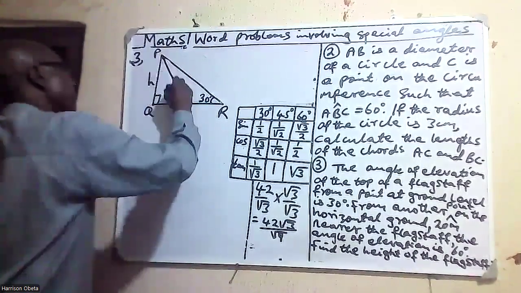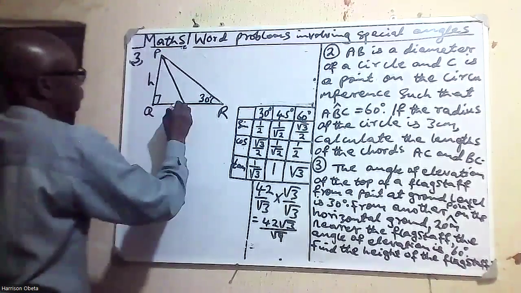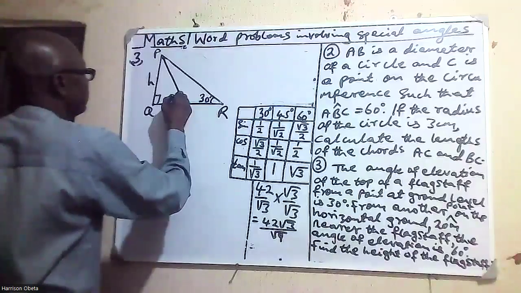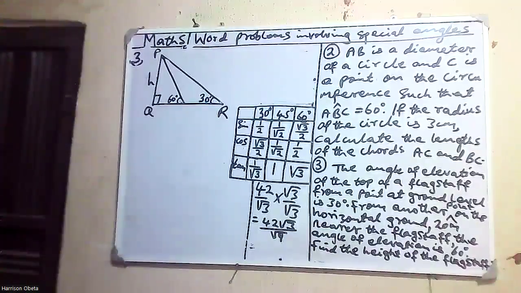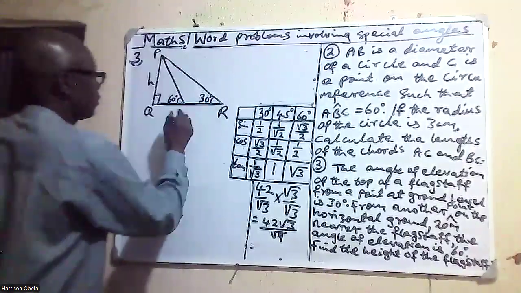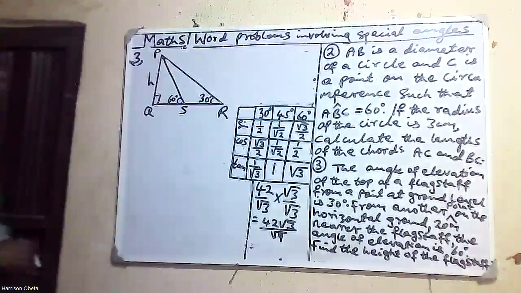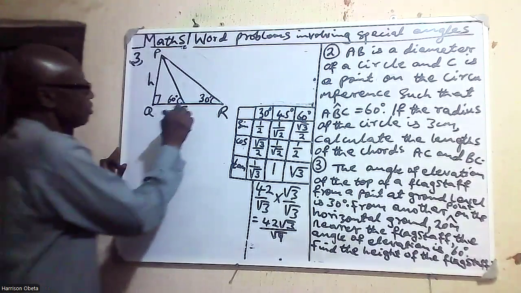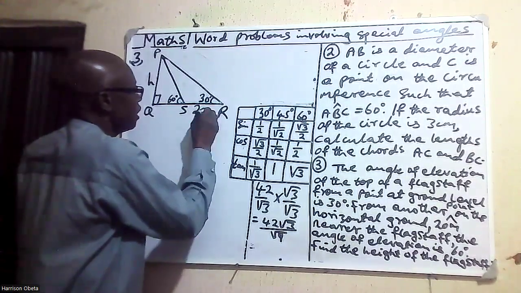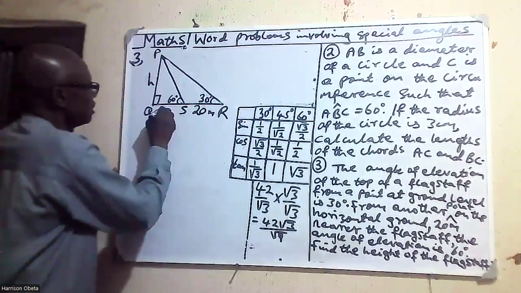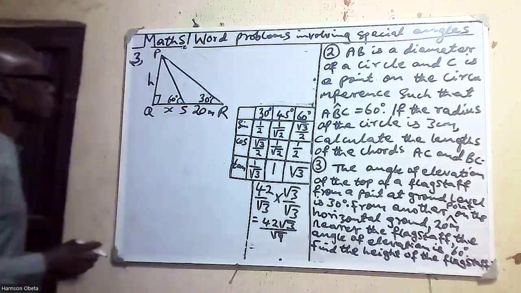So it means that this is 60 degrees. Let us have this as PQRS. Let us call this S. We're told that the point is 20 meters closer to the flagstaff. So that means we're going to have 20 here. And let us label QS. Let us take it to be X.